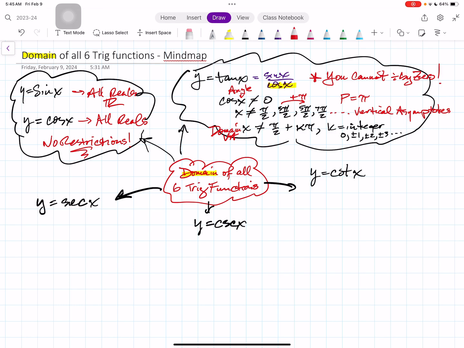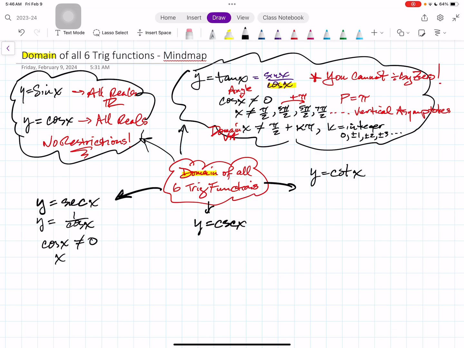All right, so now let's apply the same idea to these other functions. Okay, so here we go. So secant of x here can be re-expressed as 1 divided by cosine of x. Look at that. Because secant is a reciprocal of cosine. And as I just said when I analyzed tangent, we can't let that denominator equal 0. So we're going to say that cosine x here cannot be equal to 0.